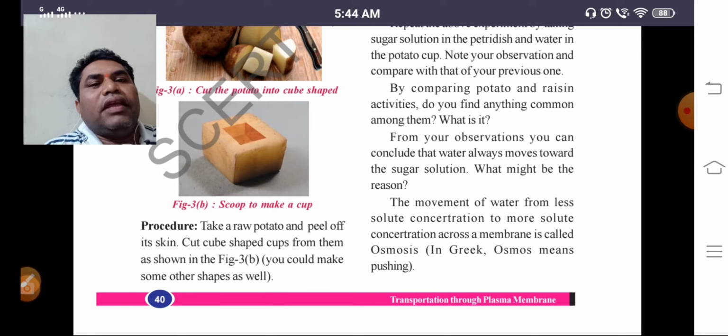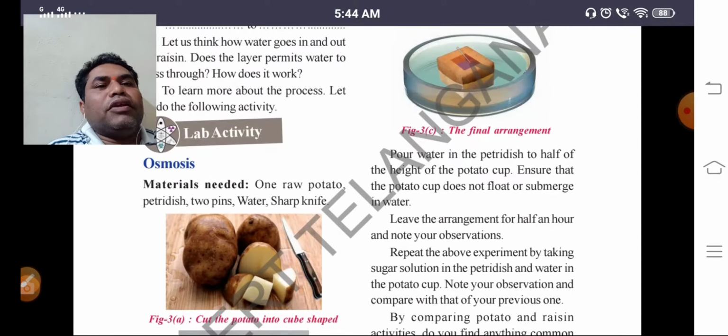What is given in picture 3 is prepared like a well: in the middle they have taken out part of the potato, and it seems to be like a well. In such a way we have to prepare the potato cubes.